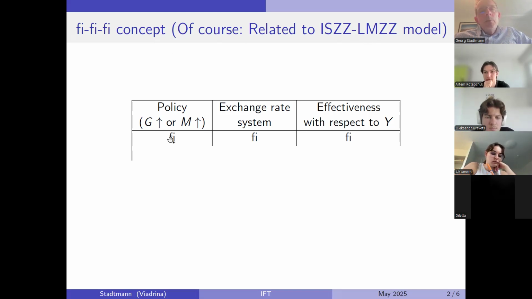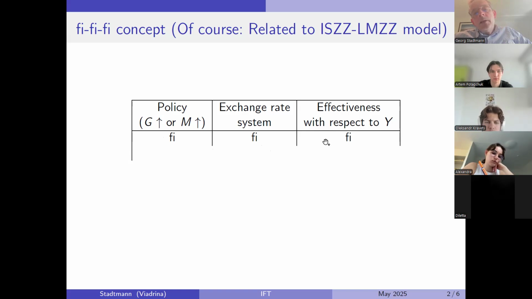In chapter 18, we learned that an expansionary fiscal policy in a fixed exchange rate system is fine, it increases GDP. This is an appropriate policy in case we want to increase GDP and fight unemployment: we should use fiscal policy in a fixed exchange rate system.